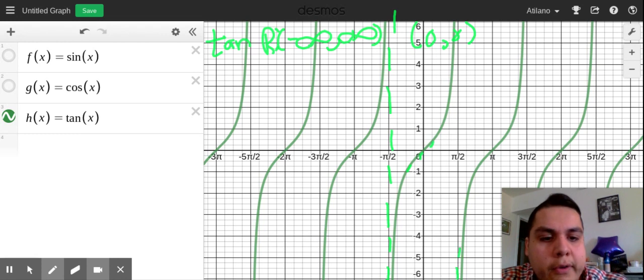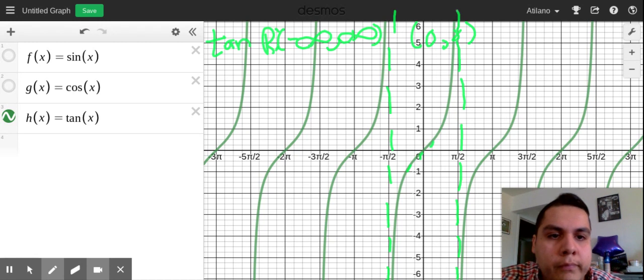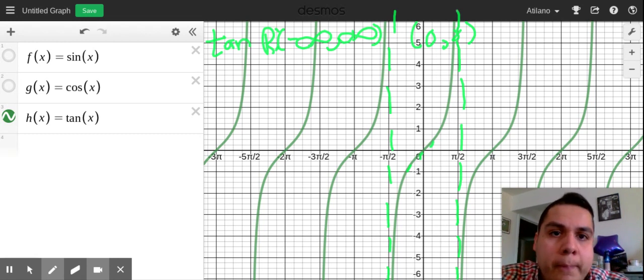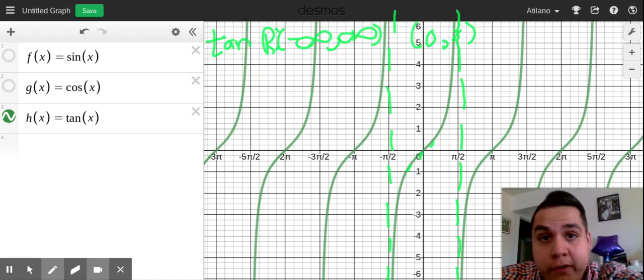So then I come across another vertical asymptote. And then after this second vertical asymptote I drew, I start at -infinity, increase, and shoot off to +infinity. Then I get another vertical asymptote.